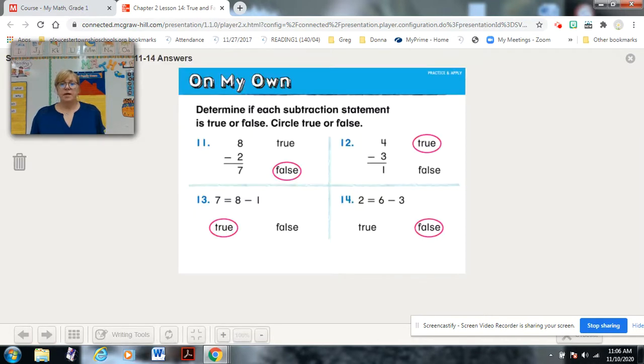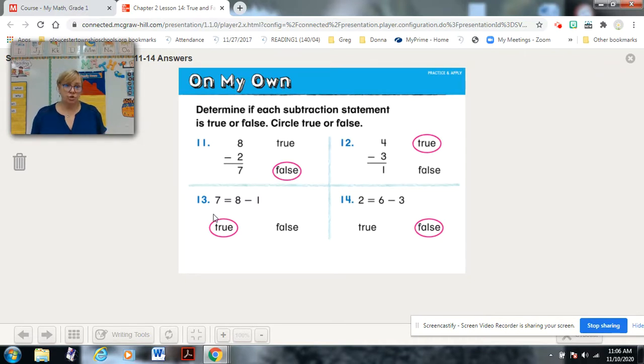Okay. Now, something that I want to point out, because this always, and I think we talked about this before with addition as well. They have the answer at the beginning, and that's okay. The reason it's okay is because what is over on the right side of the equal sign is correct. 8 minus 1 does equal 7.